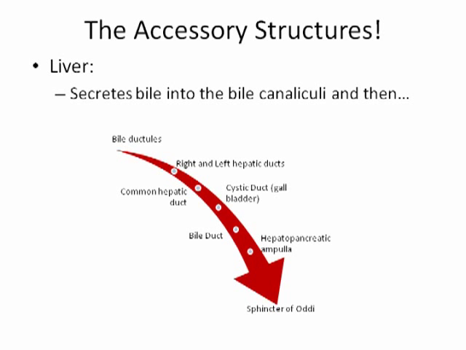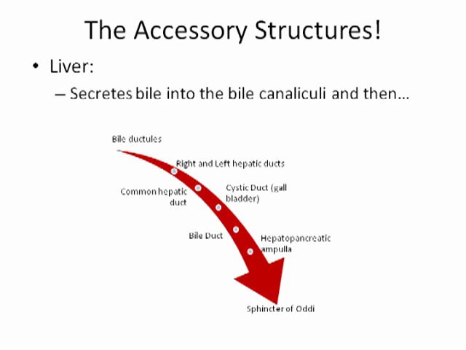When we look at the flow of bile coming out of the liver, it starts with the bile canaliculi found within the liver, these small canals that contain this bile material.